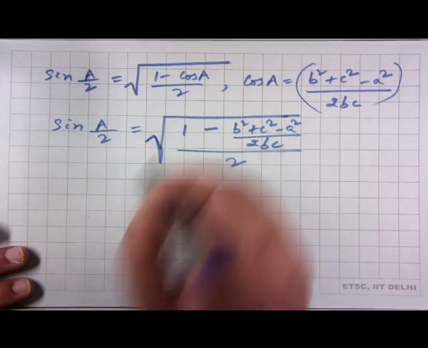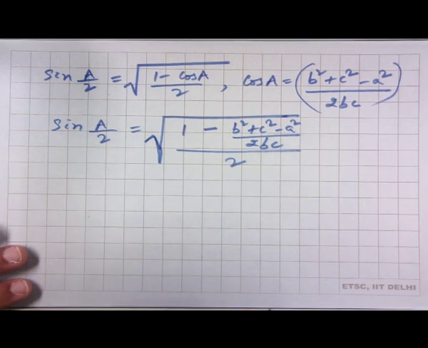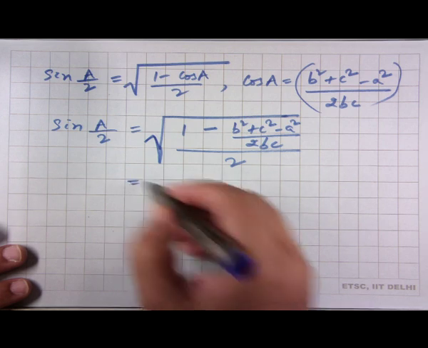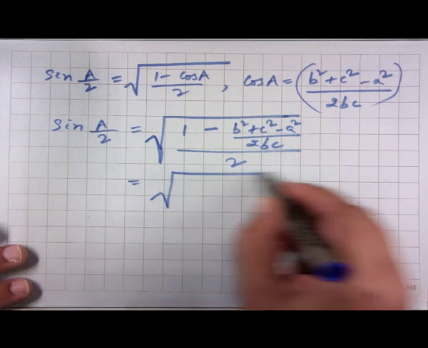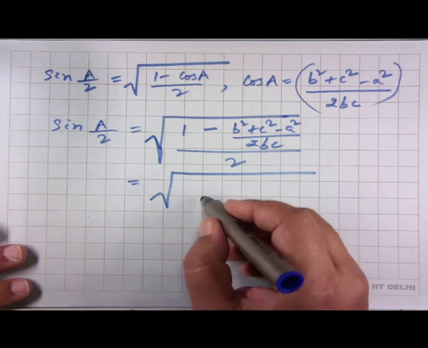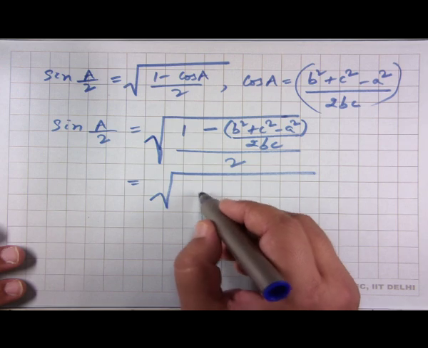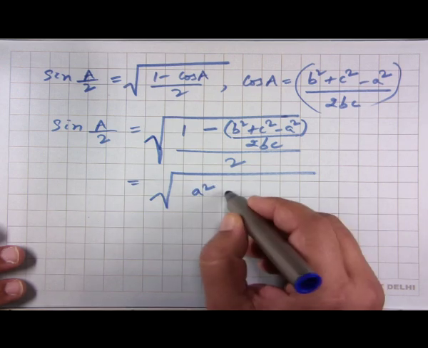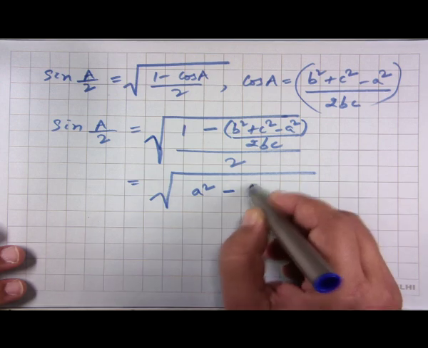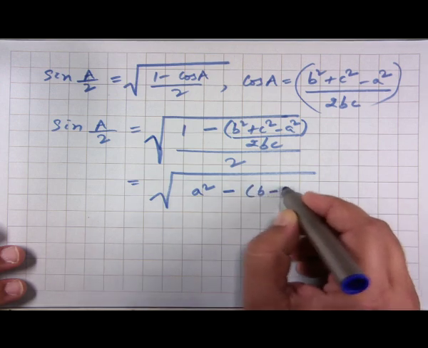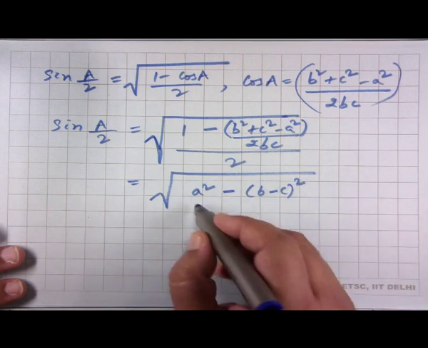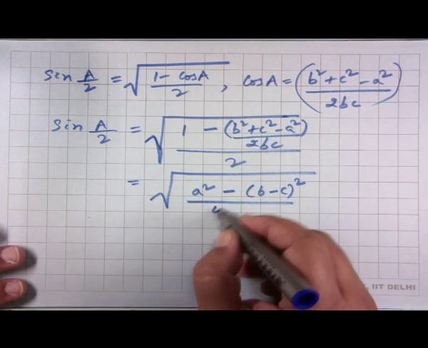All of this is inside the square root, and that is equal to the square root of (a square minus (b minus c) whole square) over 4bc.